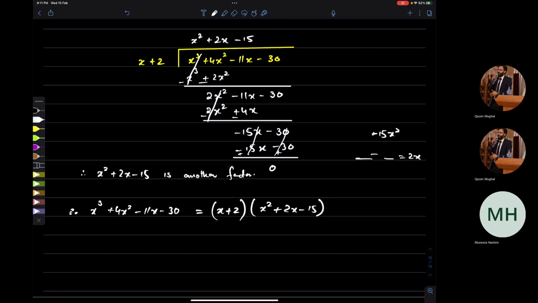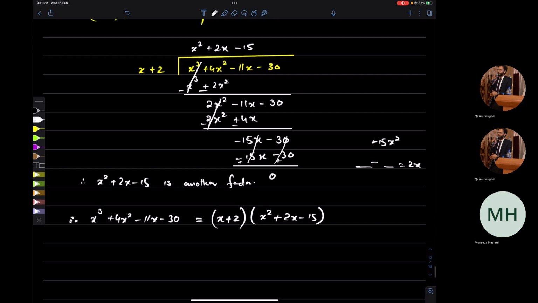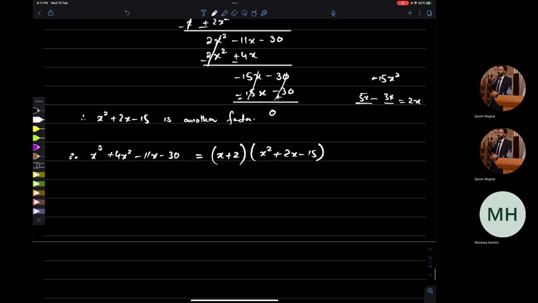Yes, sir. Oh, actually, it is factorizable. Sorry, it's 5 and 3. How could I miss that? So I'll factorize this further from here.